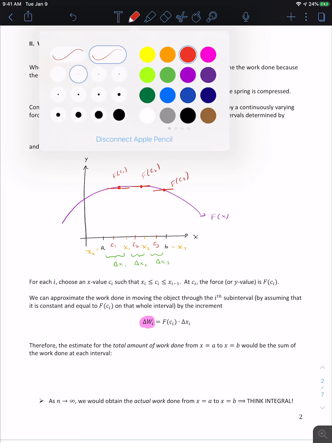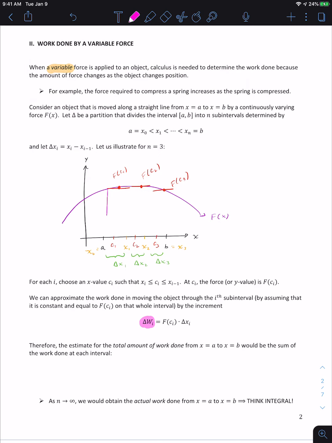So the work on this interval right here from a to x sub 1 is going to be the force times the distance. Well, force is the height of this bar here. The distance is just going to be the distance that it travels, from a to x sub 1. Well, that distance is delta x sub i.